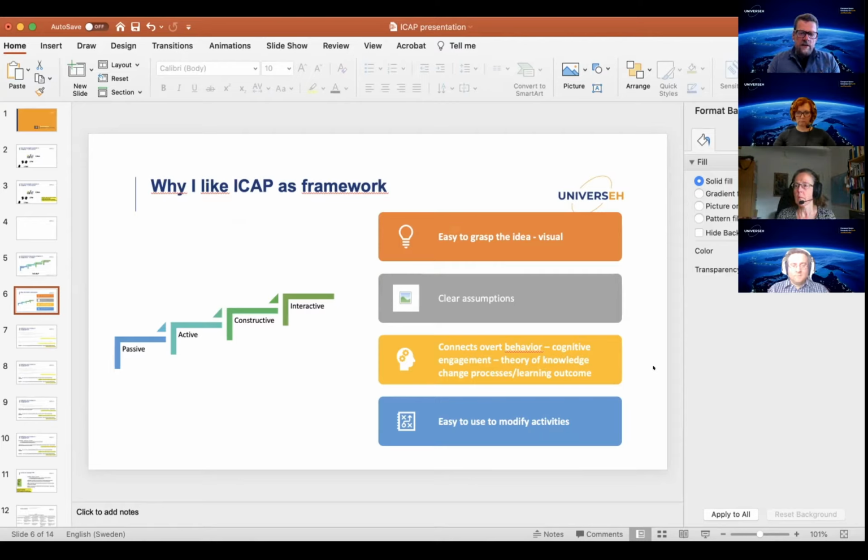They claim that we could assume there is a connection between some kind of behavior and some kind of cognitive engagement, and that is then argued from a theory of knowledge change process, which could tell something about learning outcome.